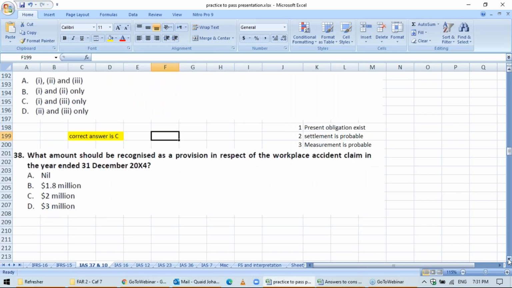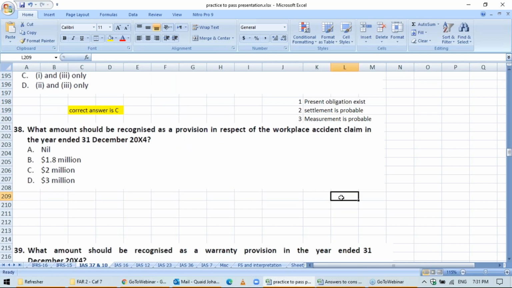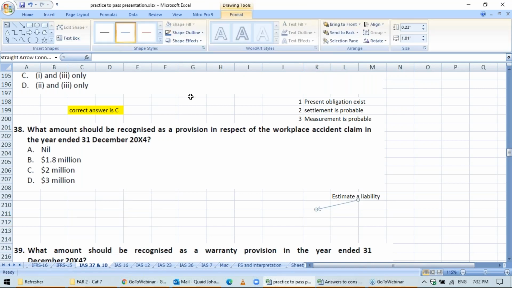What amount should be recognized as a provision in respect of workplace accident claim in the year ended 31st December 2004? Okay, let me tell you a rule first before going on to this. See, we have to estimate amounts. When making an estimate, first you need to know whether that payment will occur only once or it will occur again and again.